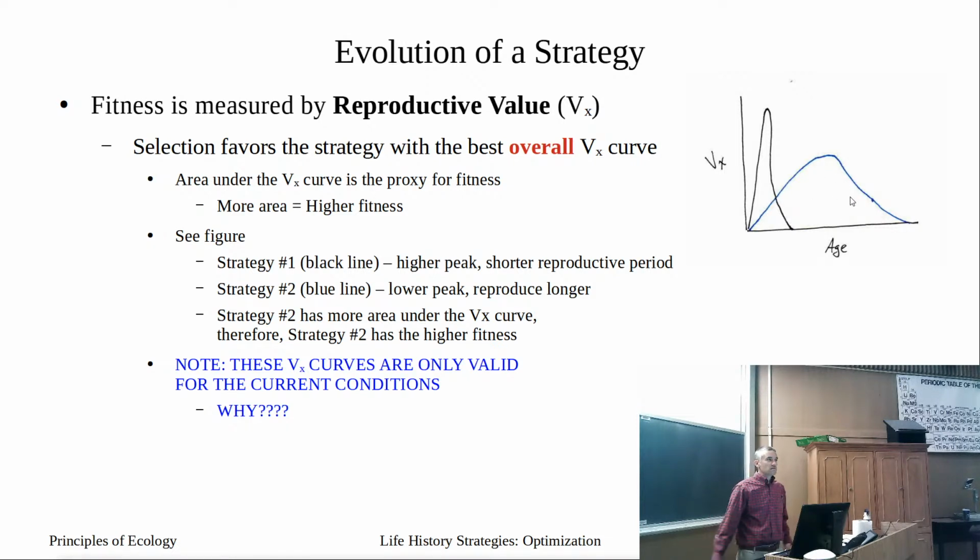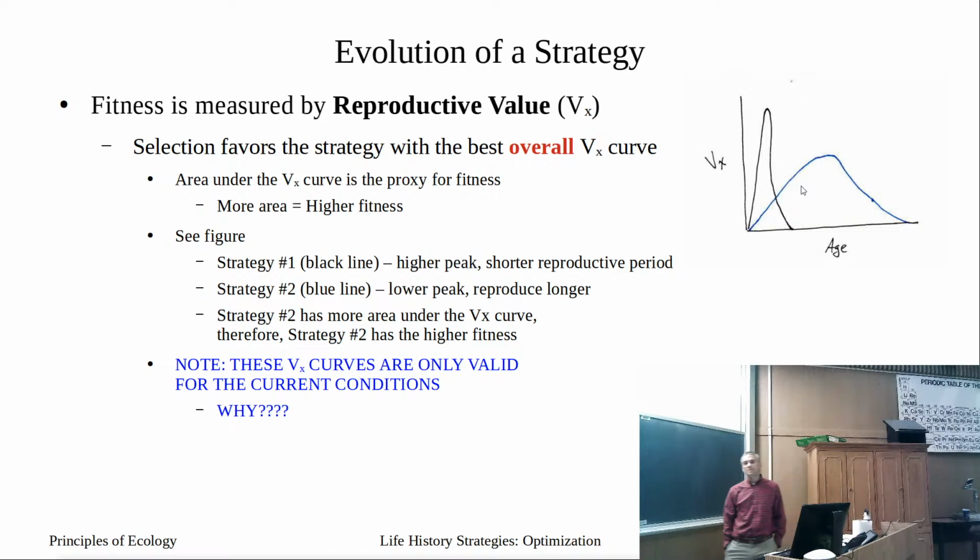So if we had two populations of the same species, and that's what this could represent, we've got habitat 1 exhibiting the black line, habitat 2 population exhibiting the blue line, and then we put them together. We take the black line, move it over to this habitat, take the blue line, move it to this habitat. We're going to compare these curves, and it's going to be this blue line that wins out. That strategy wins out because it has the highest area under the curve.